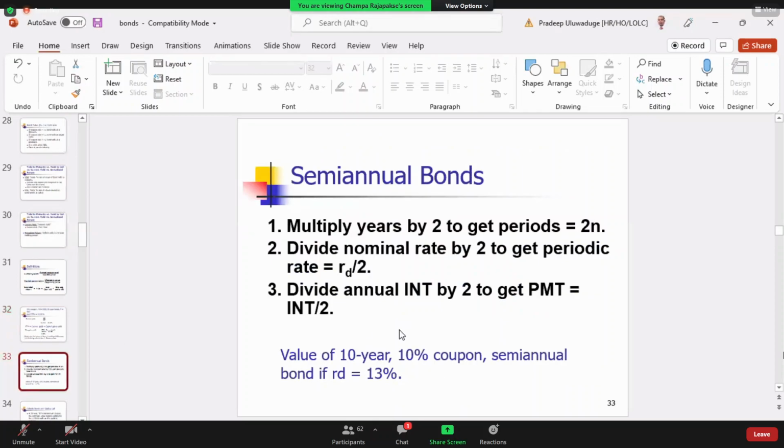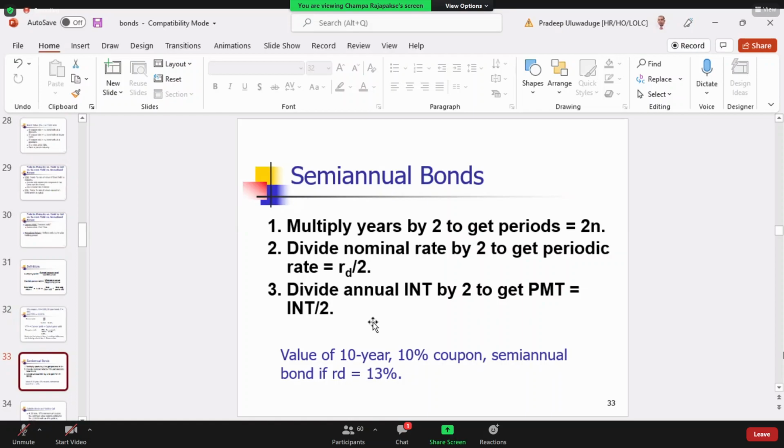Then we move on to semi-annual bonds. All this time we were talking about bonds giving an annual coupon. Sometimes bonds may give semi-annual coupons. I'm sure you can remember the semi-annual compounding.